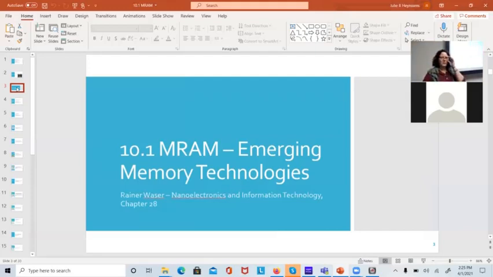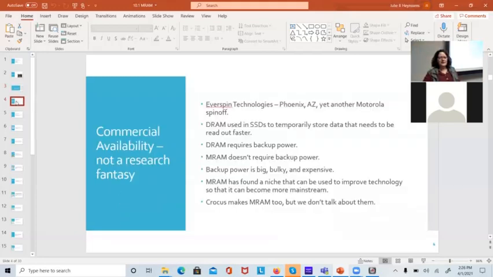This is more geared towards the technology today, and less geared towards a learning textbook. So I went through the MRAM and the ReRAM sections and read them carefully and developed these slides, and also from what I know in the lab.